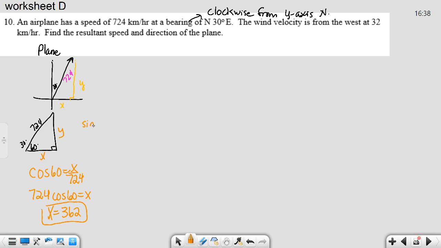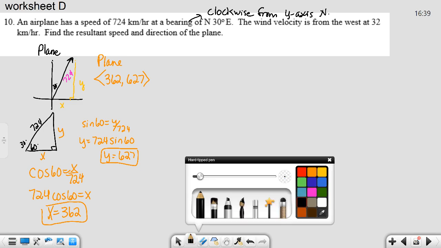Sine of 60 equals y over 724. So y is 724 multiplied by sine of 60, which gives us approximately 627. Therefore, the components for the plane are horizontal 362 and vertical 627.